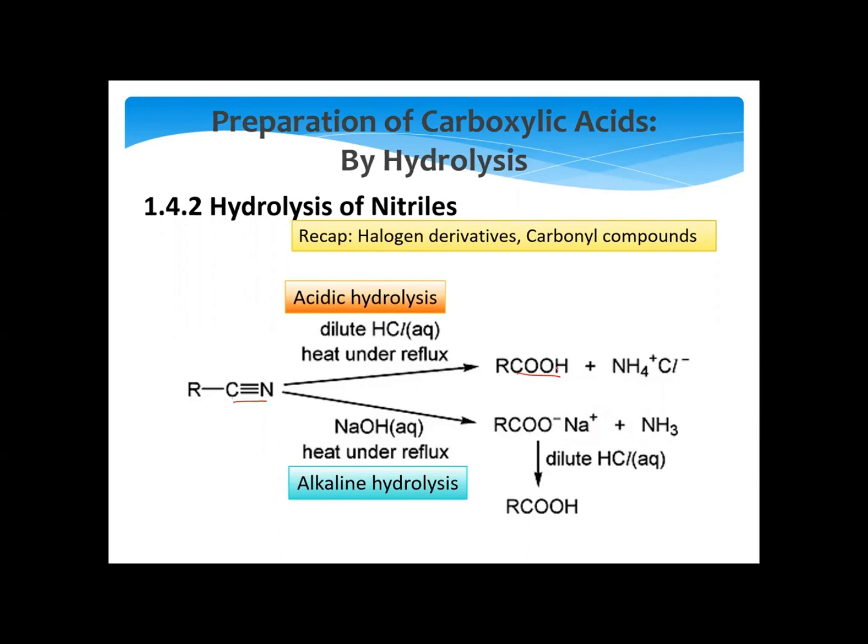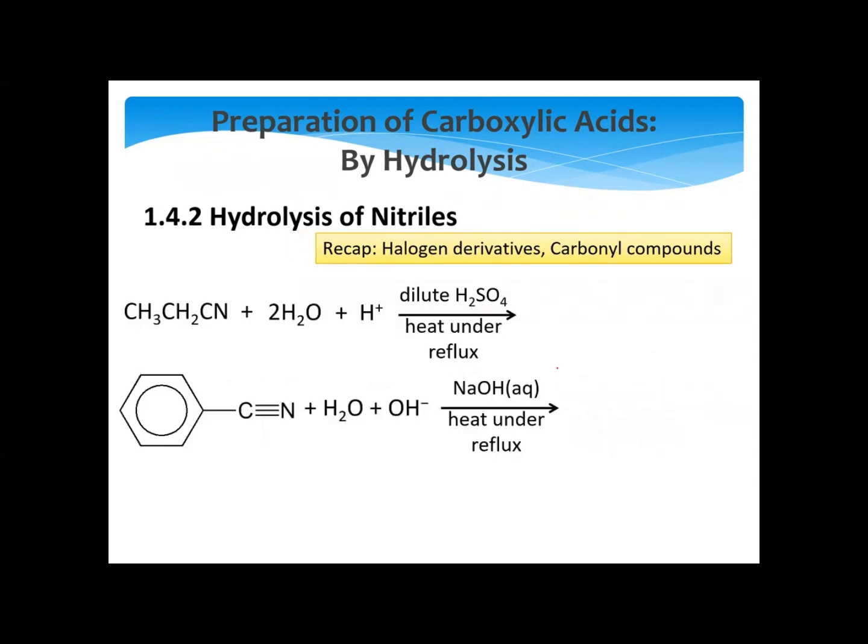So for the rest of the examples on page 10, I think it's quite easy to come up with the product. First equation, acid hydrolysis, we'll get the carboxylic acid. And the second one is alkaline hydrolysis.